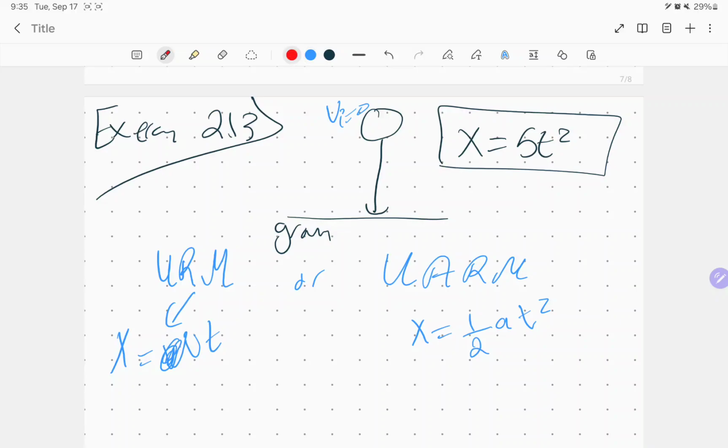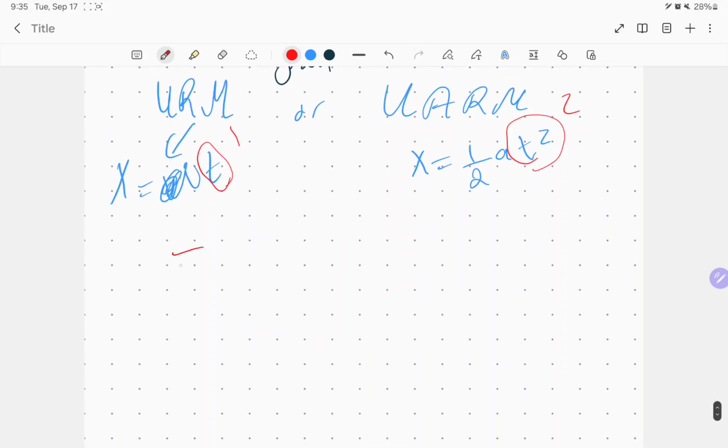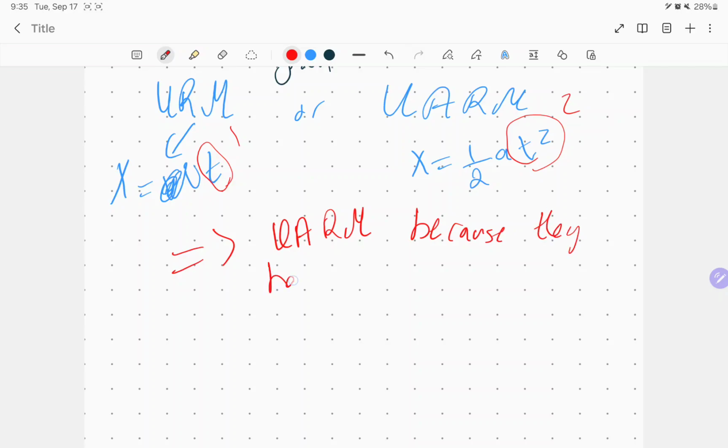Okay, how should I know which one? Let's compare the t. Over here it is t power 1, here it is t power 2, and the given equation also has t power 2. By comparison, it's going to be UARM because they have the same t squared. Now let's get the acceleration.